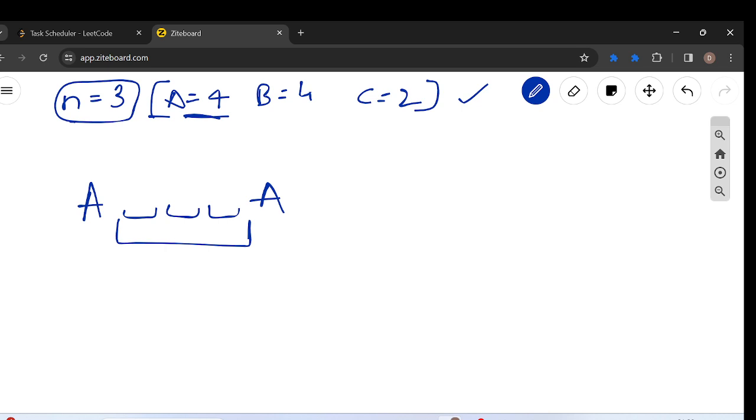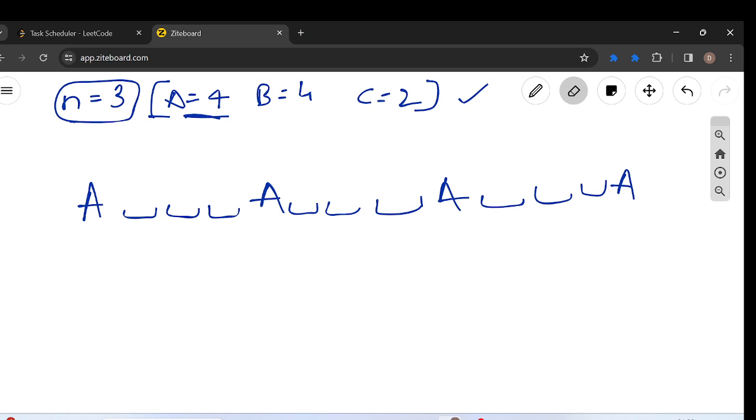So we have 4 A's: 1, 2, 3 and 4. So 3 tasks must be in between every time. In this in-between space we can have other tasks and we can also have idle time.